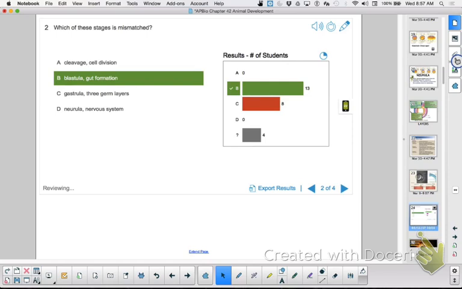The gastrula is by definition a layered ball of cells. So that's why, if the only thing I can think of that might have thrown you off is you were thinking originally it's 2 germ layers, but by the time you're done with gastrulation, you're at 3 germ layers. So make sure you know that. Check your BioBuddy screen right now, see if they got that one right or they need a little assistance. Ask them if they need a little assistance.